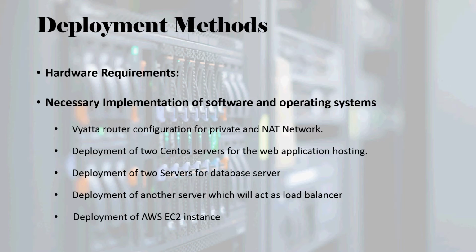So, deployment methods: how we configured our project. In this method we will first talk about the hardware requirements. As I told you, we will be using EC2 instances, multiple CentOS machines, and then the necessary applications which we need to install on them. In the first step, after configuration, we will create the private and NAT network, deploy two CentOS machines which will act as web application servers, and deploy two servers which will act as DB servers.